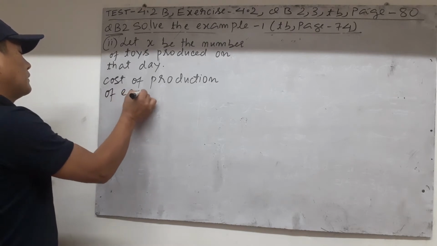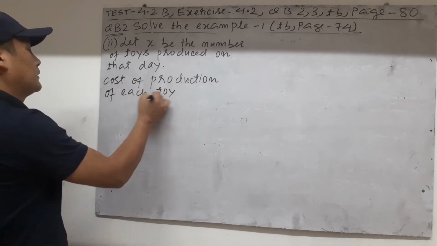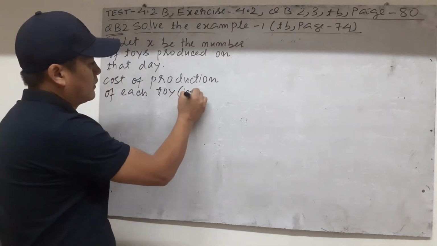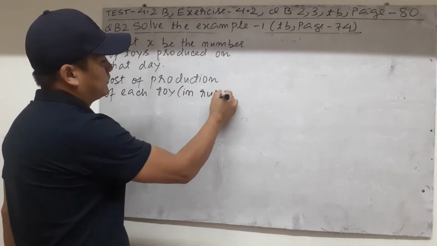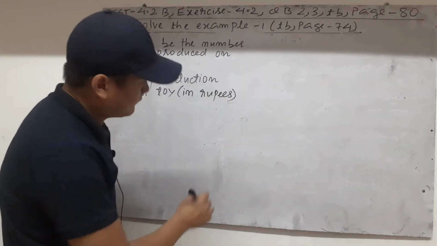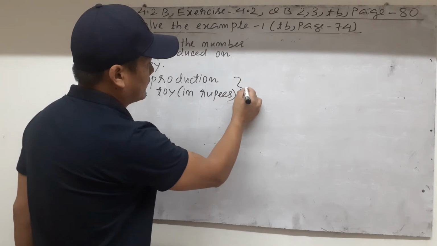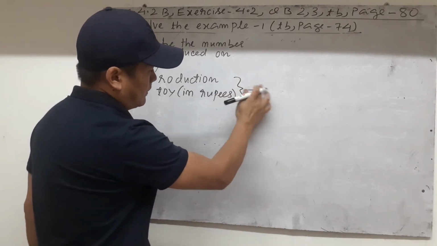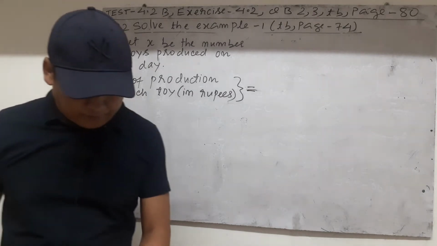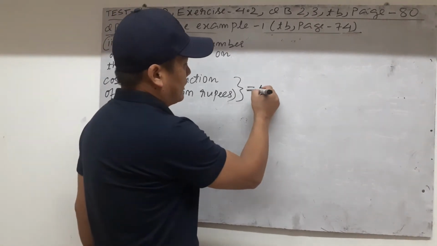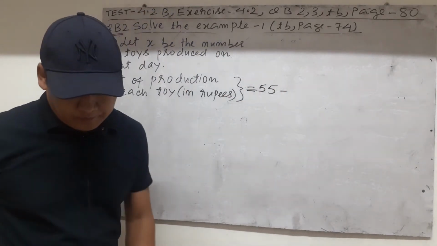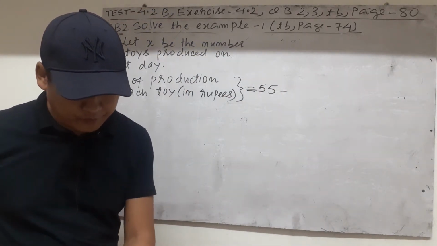Of each toy means one toy. In rupees means Indian money system. Was found to be means is equal to 55 minus, exactly what the question is saying, minus the number of toys produced in a day.